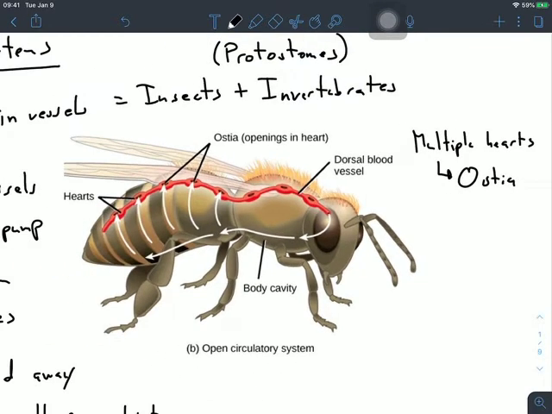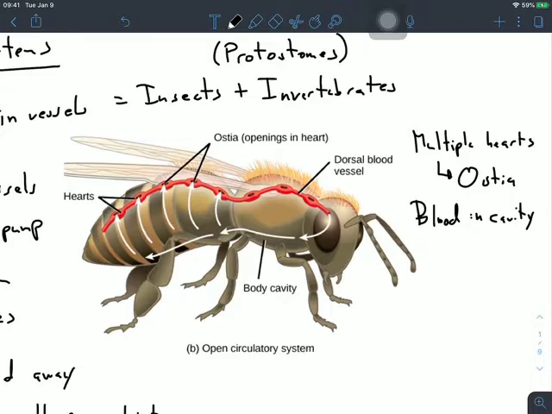It is through those ostia that the blood that's present in the body cavity, which is literally just the hole that contains all of the other internal organs, the blood is floating around this. It is not separated from the general liquids of the system.